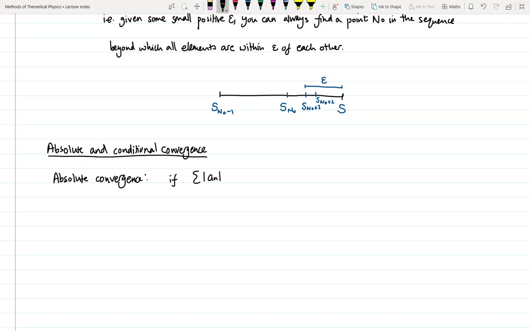If this infinite series converges, then the sum of the infinite series of terms where I don't take the absolute value also converges. Such an infinite series is termed absolutely convergent.